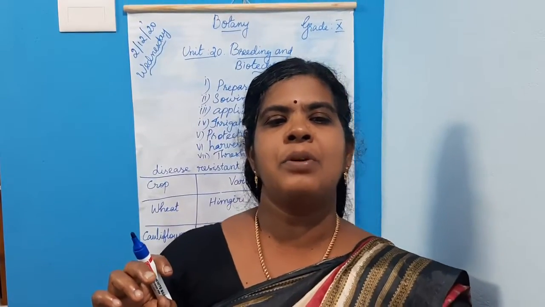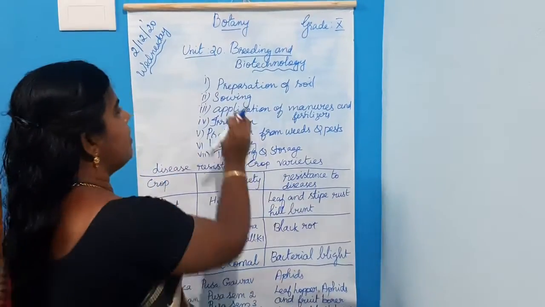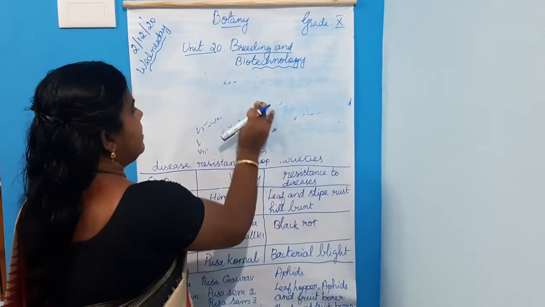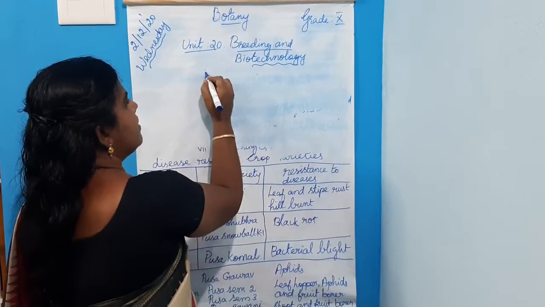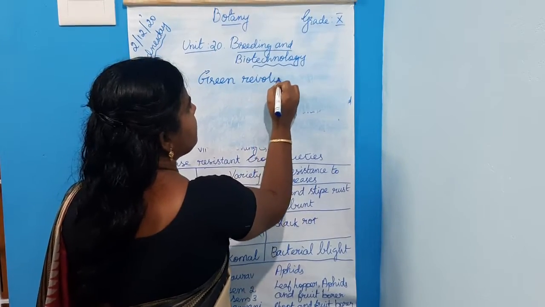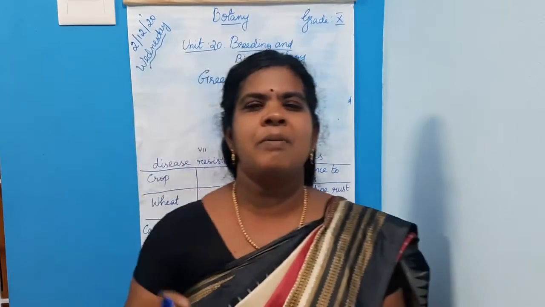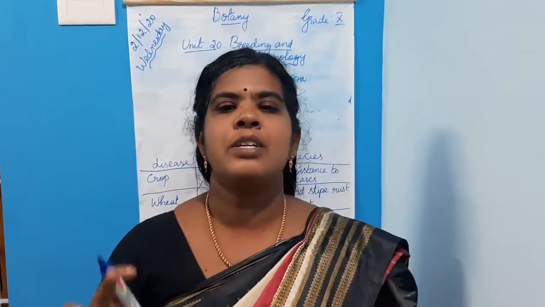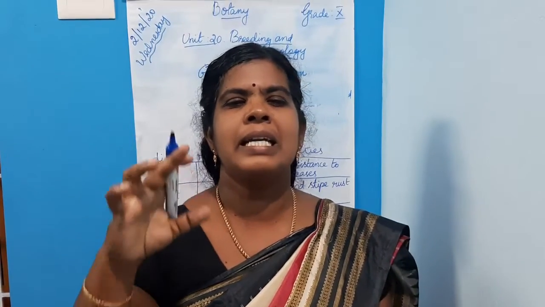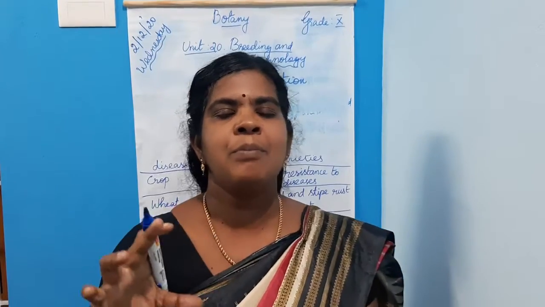Next is the green revolution. What do you mean by green revolution? The process of increasing food production through higher yielding crop varieties and modern agricultural techniques in underdeveloped and developed nations.